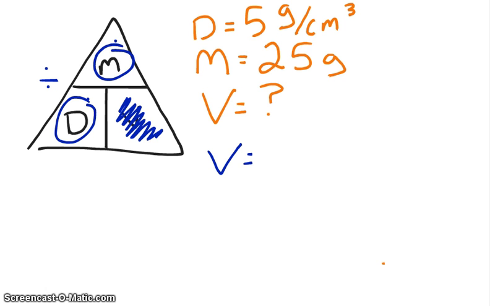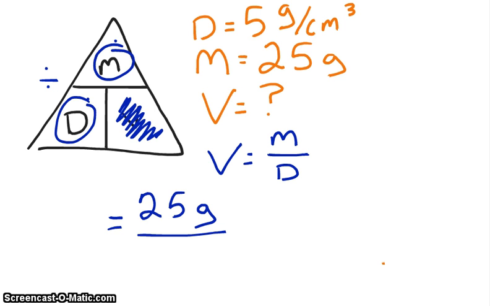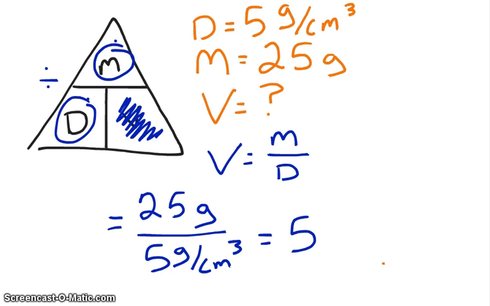So V equals M over D. Now that equals 25 grams over 5 grams per centimeter cubed. 25 divided by 5 is 5, and my units, because it's a volume that I'm looking for, are going to be centimeters cubed.